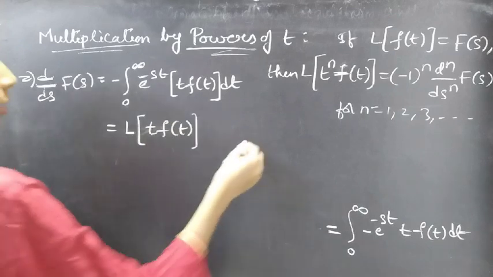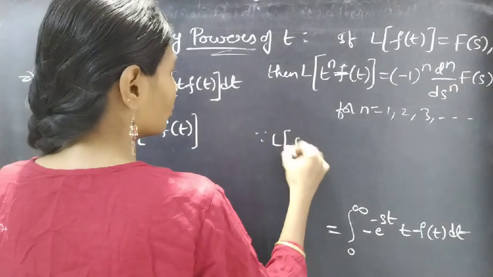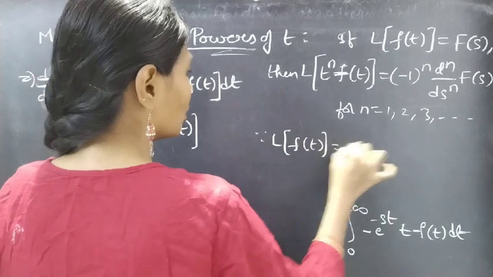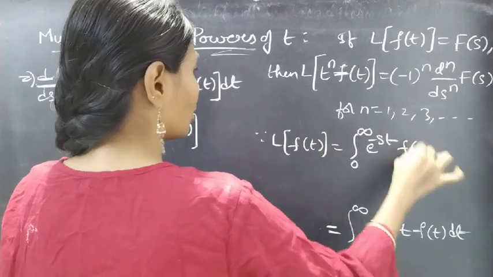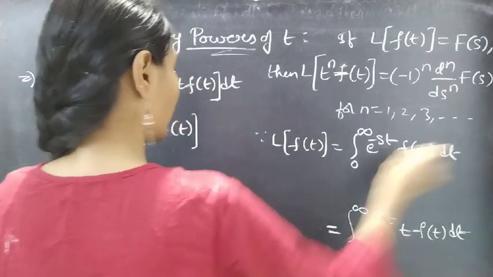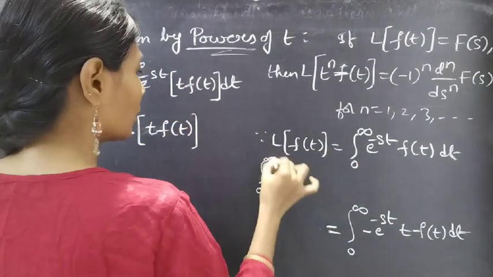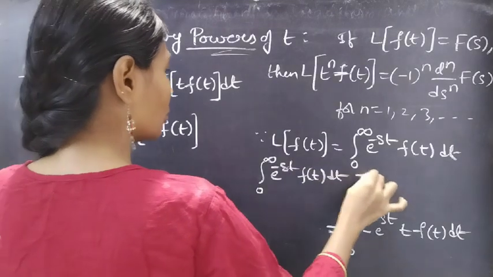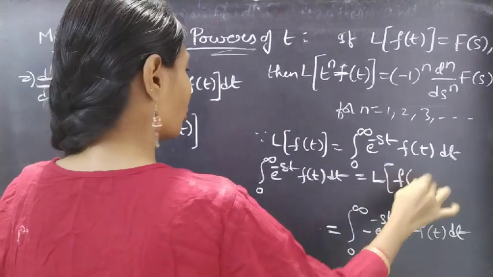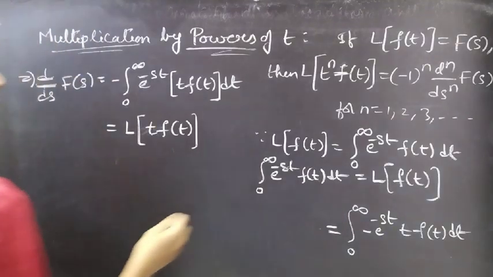Since we know the formula, L of f of t equal to integral 0 to infinity e power minus st f of t dt.